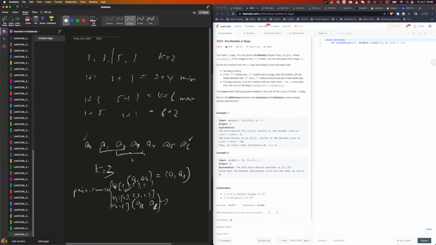I feel like we find the first breakthrough, but then with the second one we get stuck again. Yes, we know we need to find pairs, but if you find the sum of pairs, we're going to have the same length, 10 to the 5th. We have 10 to the 5th pair sums. We can sort them, which is fine.